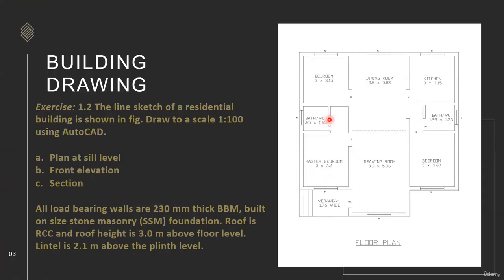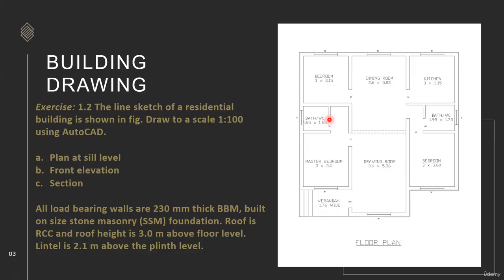So always remember the partition walls are provided in the bathrooms, in the storerooms, and in the storage rooms, and where there are small rooms or prayer rooms, in all those cases we are using the partition walls. Where the usage of the walls is very less, where that wall is not transferring any load, in those cases we are providing the partition walls.